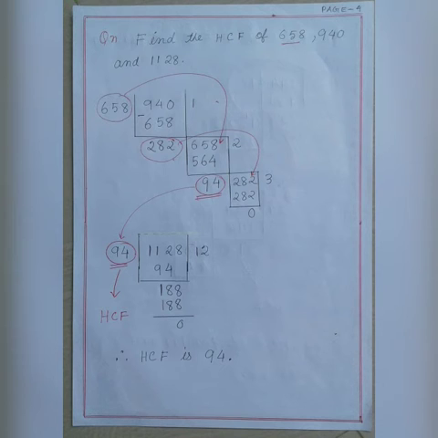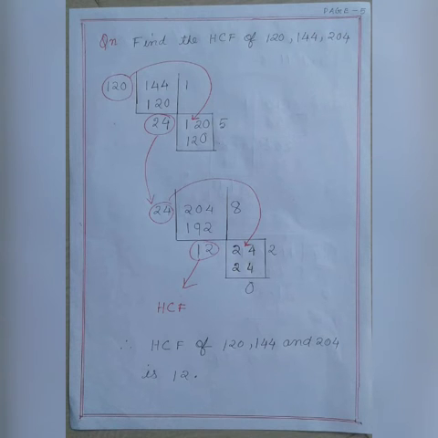Now let us find the HCF of another 3 numbers, 120, 144 and 204. The smallest number is 120. I shall divide the second largest number 144 by 120.